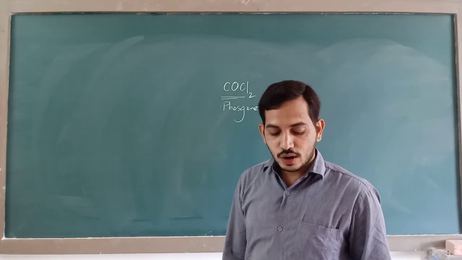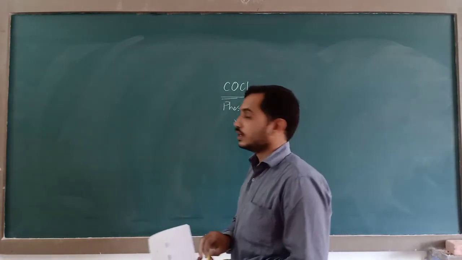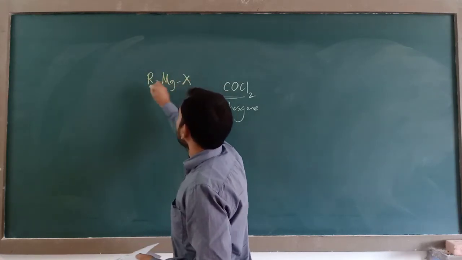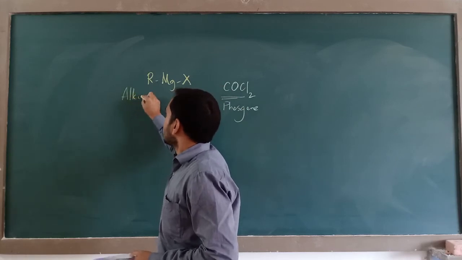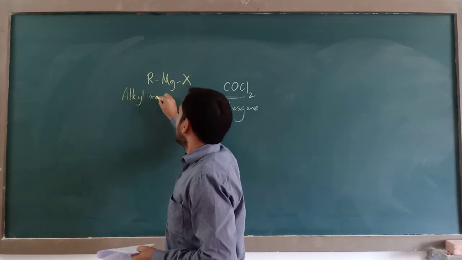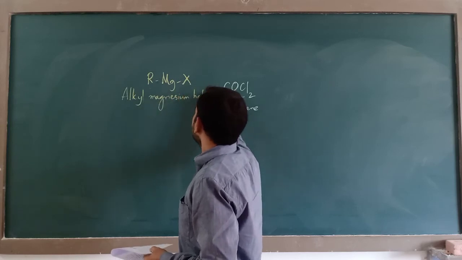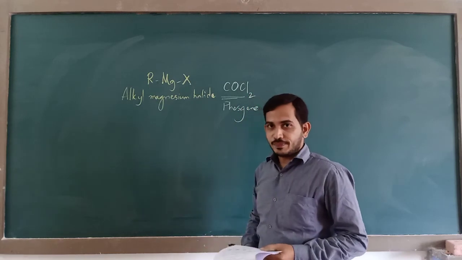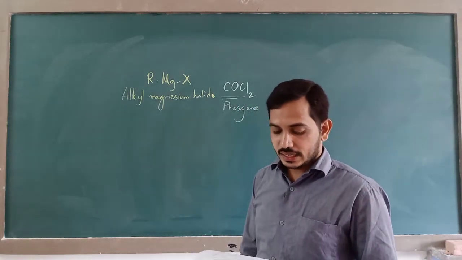14th, which is not present in Grignard reagent. Grignard reagent formula you know, it is RMgX, alkyl magnesium halide. So if you do not remember formula, at least remember by words, alkyl magnesium halide. Okay. So in this formula, what is not present or which is not present in Grignard reagent?